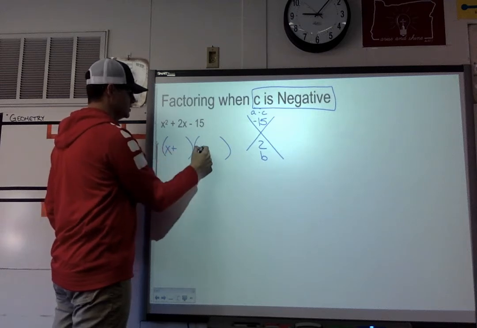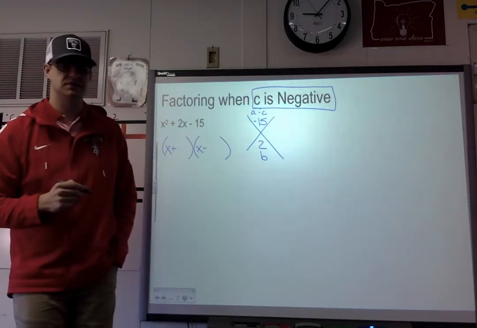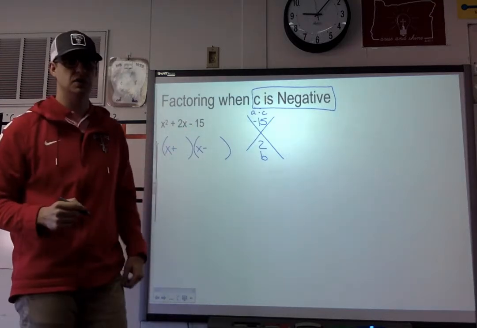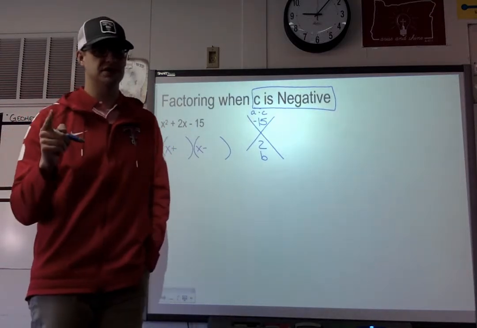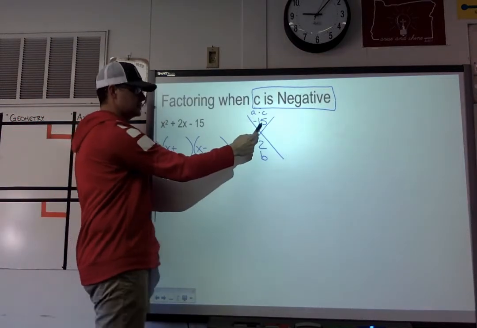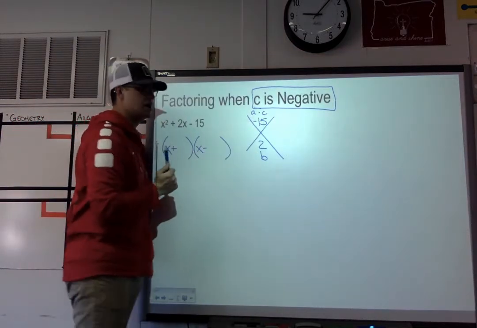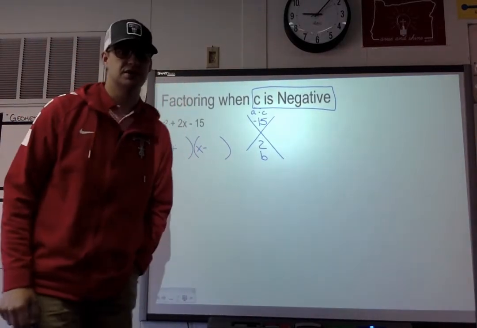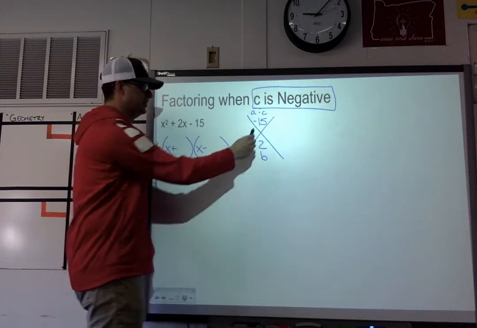One is going to be addition, one is going to be subtraction, because we know the two numbers are going to multiply to a negative, which means one has to be positive and one has to be negative. So in this case, we could do 5 and 3, but we have to figure out which one is going to be positive and which one is going to be negative.